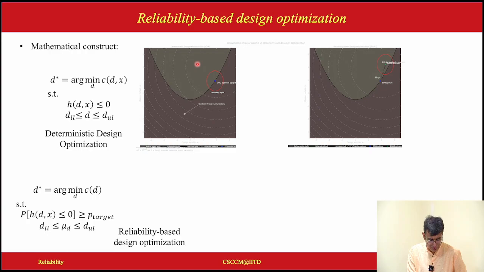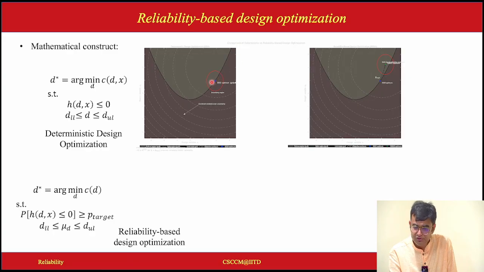This is your contour. You can see the circular lines of contour, but not everything is visible. This is the design variable space. And then this parabolic line is your constraint. Because of this setup, you can see that the optimum point is the blue point here, which is on this constraint boundary.